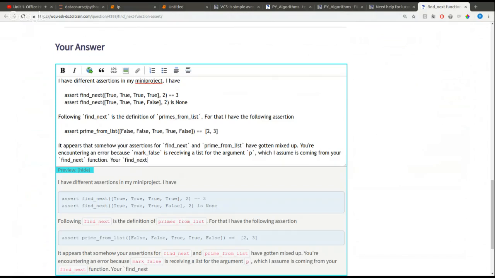Your find next function should return a single index, not a list.